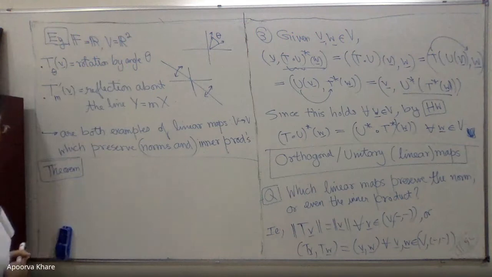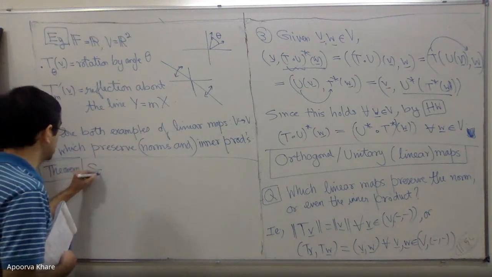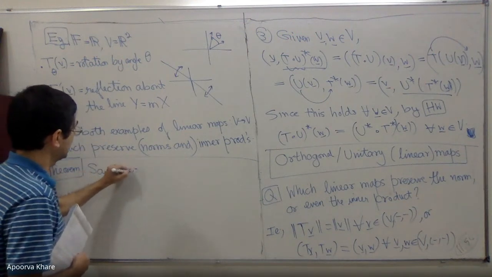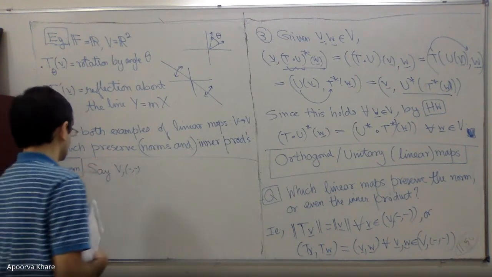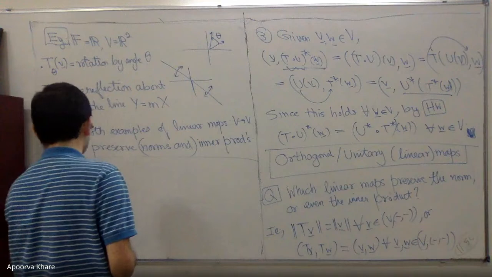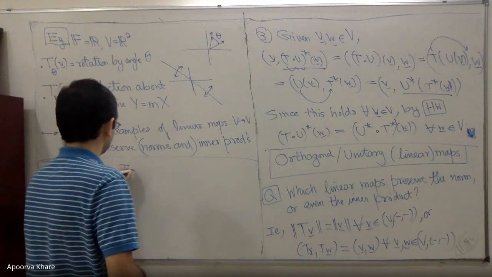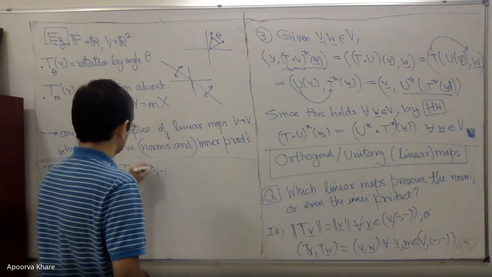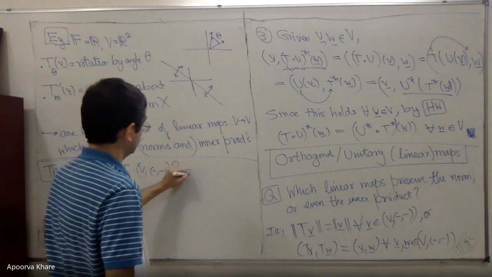It's over any inner product space, real or complex. Suppose T from V to itself is linear.